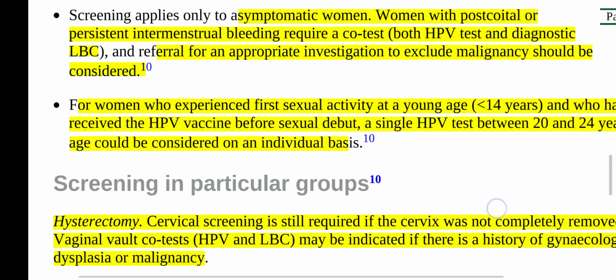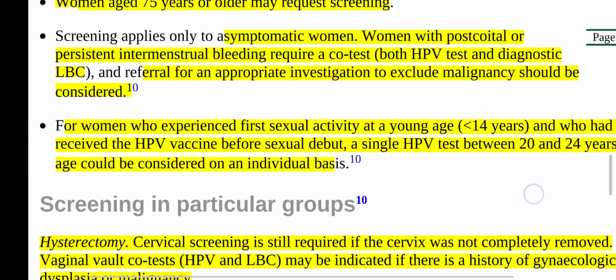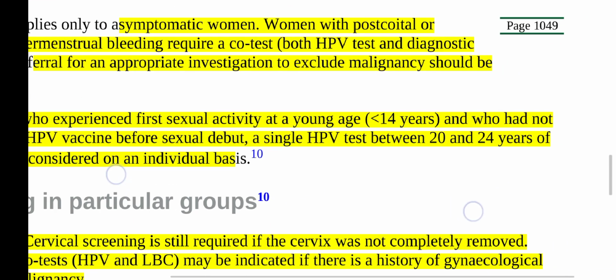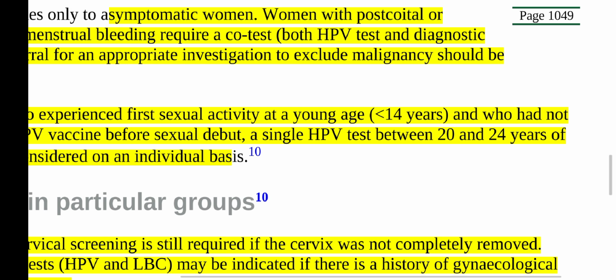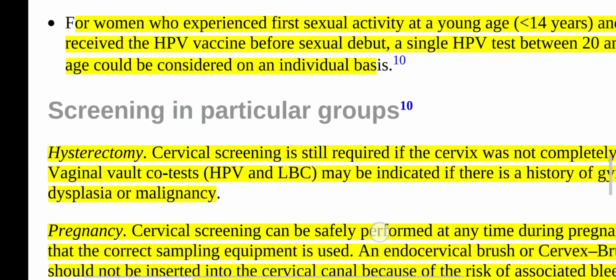Suppose a girl is having sexual intercourse and she is less than 14 years and she also had not received the HPV vaccine, then she should undergo a screening test, a single HPV test between 20 and 24 years of her age, and it should be considered. All right.